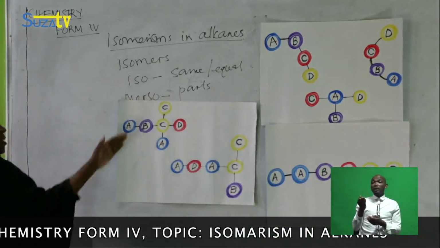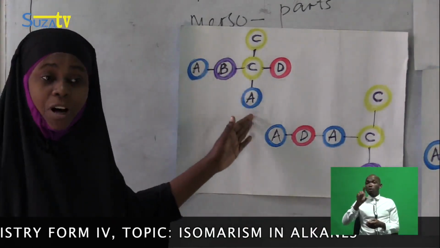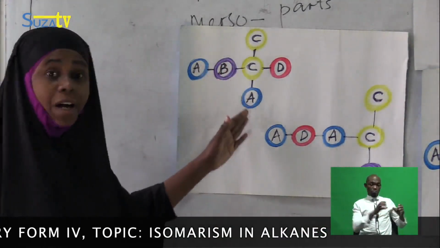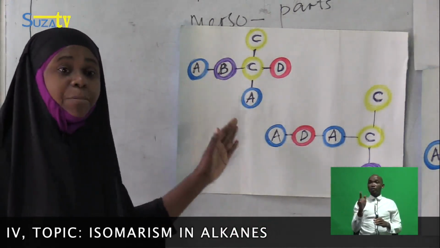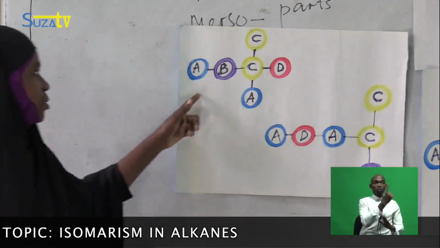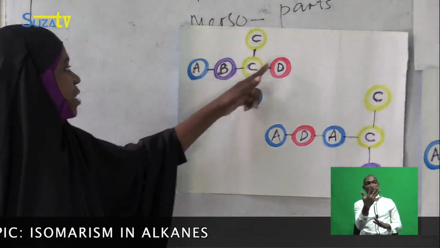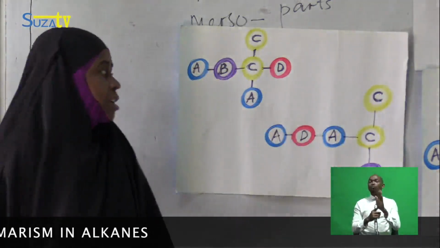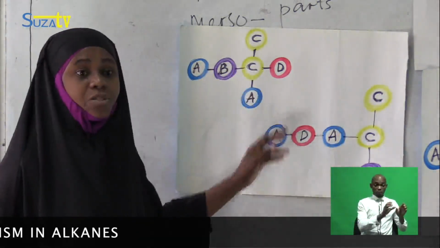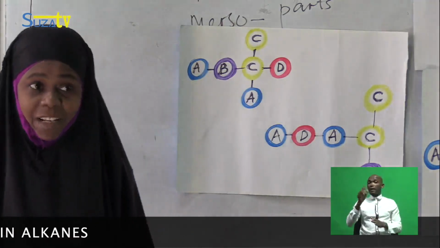Here, there are 2 molecules again, or compounds. Let us count the number of atoms in each one. Let us start with this one. 1, 2, 3, 4, 5, 6. 1, 2, 3, 4, 5, 6. Good. Also, in these compounds, we have 6 atoms.